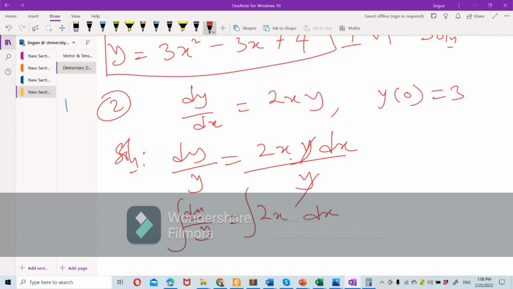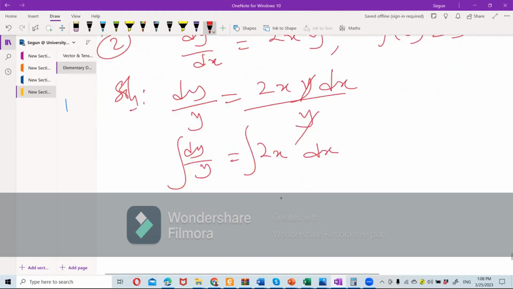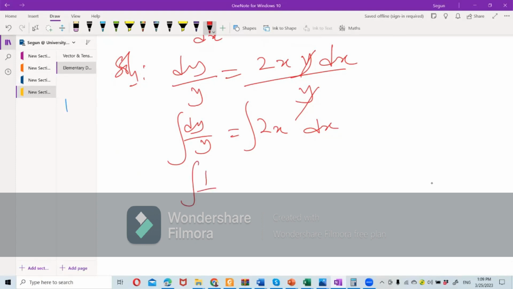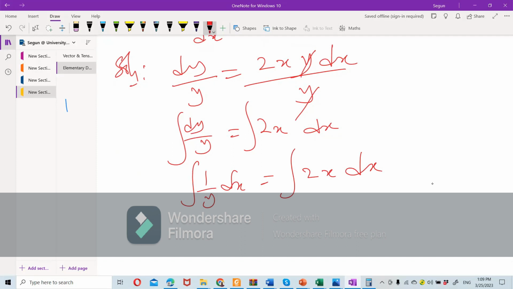This integration. How many of us got it to this point? If you don't get this step, you cannot get anything. Remember I told you, integral of 1 over y dy equals integral of 2x dx. Then you can integrate.